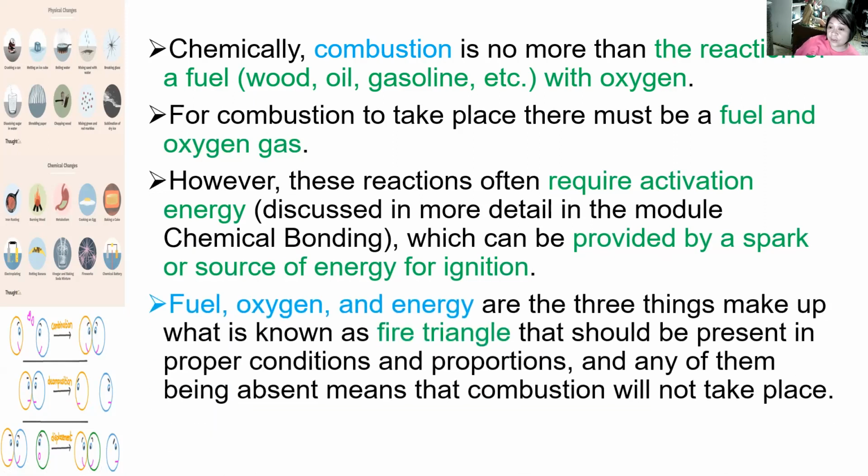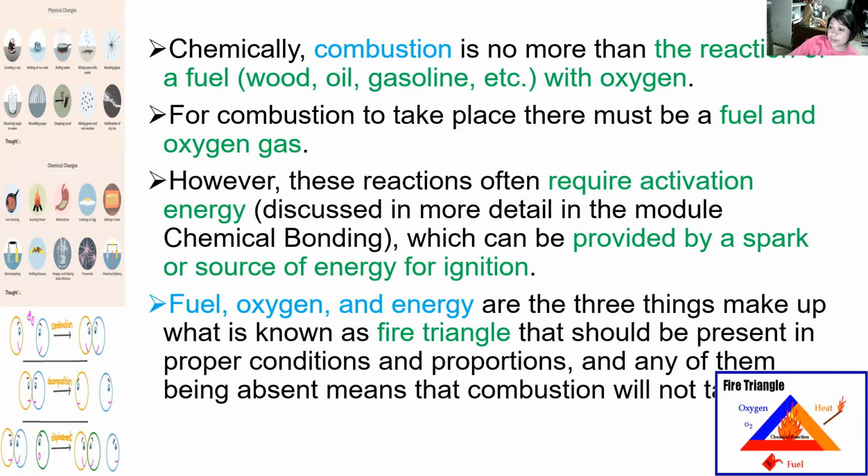Fuel, oxygen, and energy are the three things that make up what is known as the fire triangle that should be present in proper conditions and proportions, and any of them being absent means that combustion will not take place. And here is the fire triangle. We have oxygen, heat, and fuel.